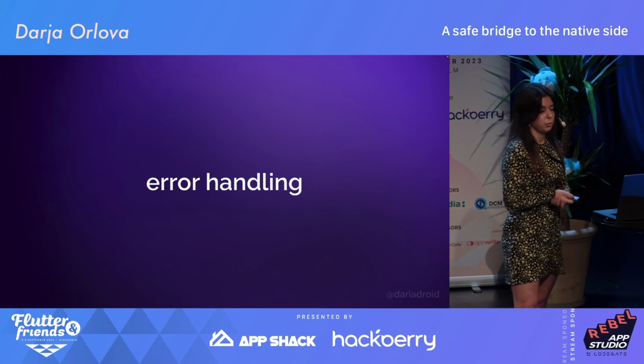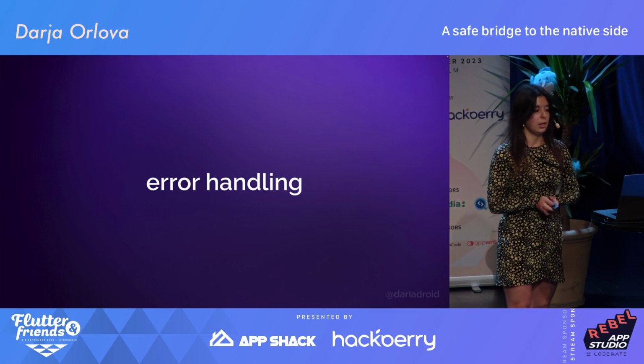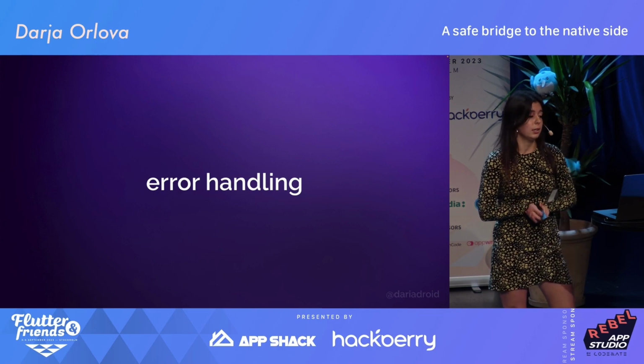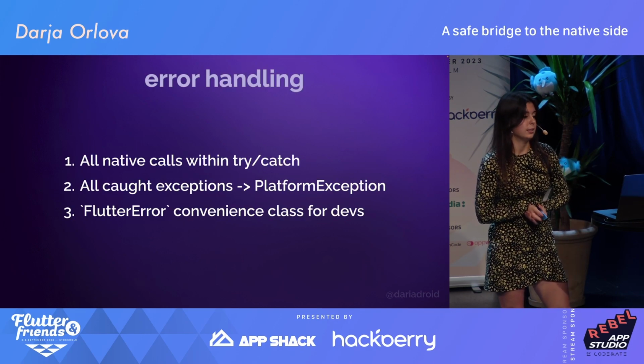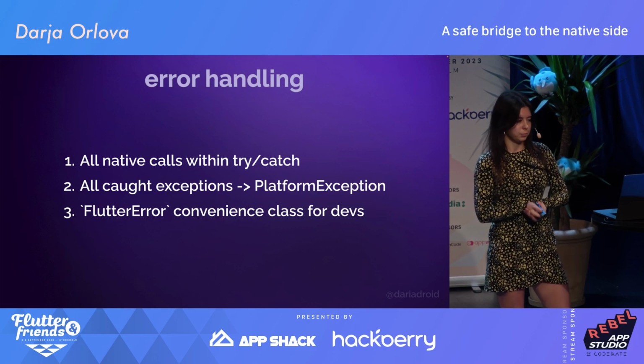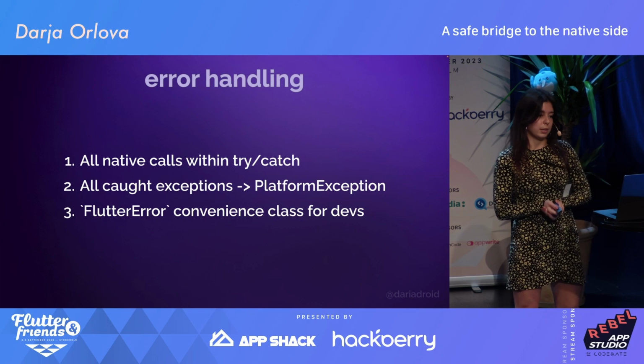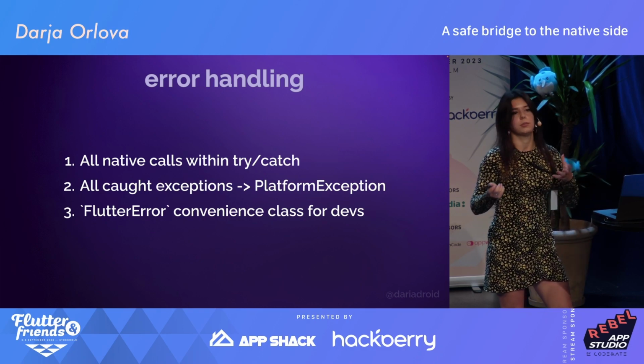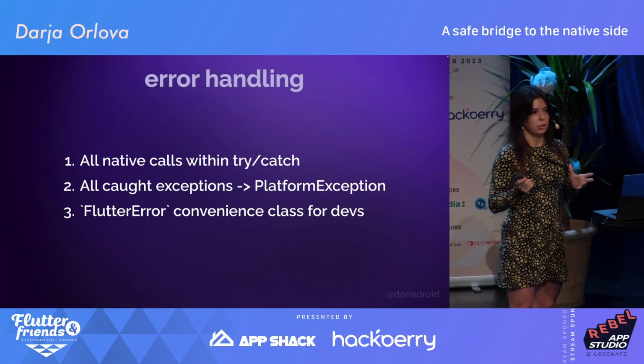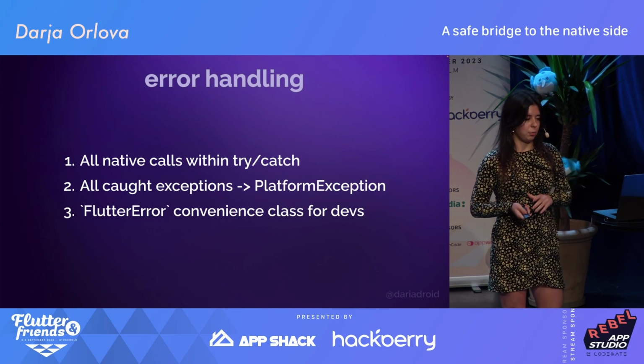And one more thing which Pigeon is good at is, well, not good, but better at, is error handling. And it enhances error handling in the following ways. All of the native calls are wrapped with try-catch, and you can expect only platform exceptions from the Flutter side, so you'll note that no matter what happens, you will get only platform exceptions.